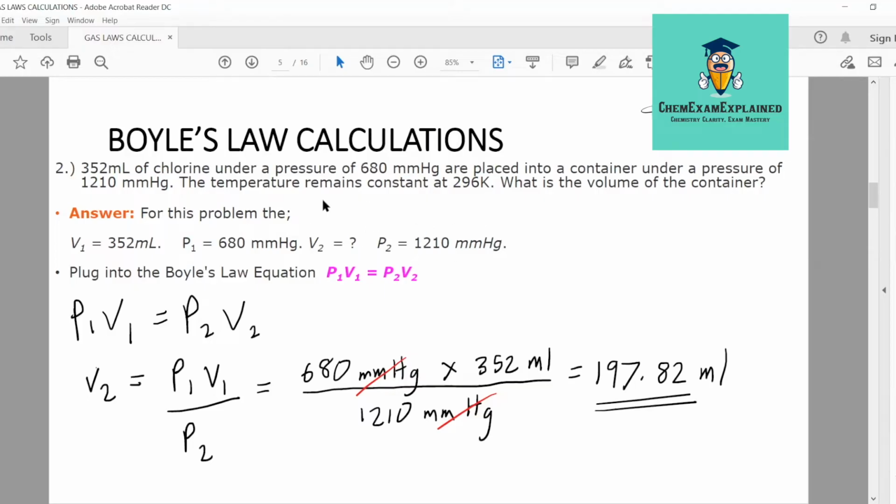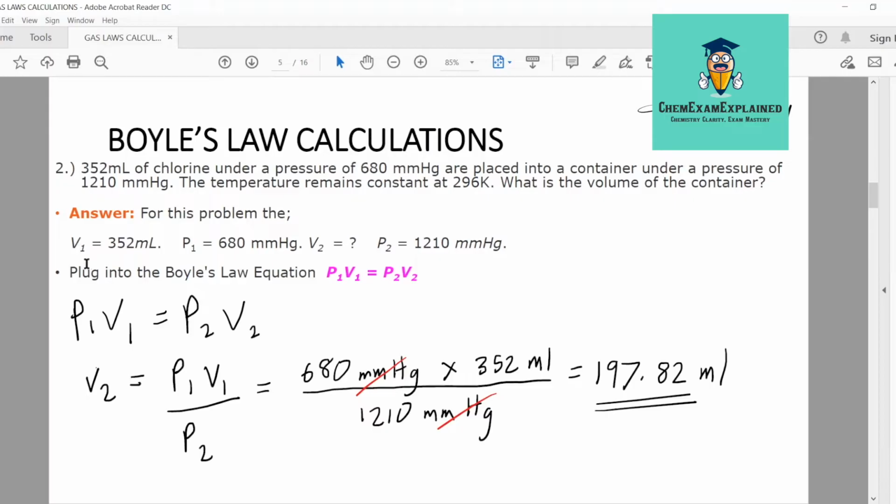And so this gas is placed into a container under a pressure of 1210 millimeter mercury. The temperature remains constant at 296 Kelvin. Remember that Boyle's law deals with changing the pressure and the volume and keeping the temperature constant. So what is the volume of the container?